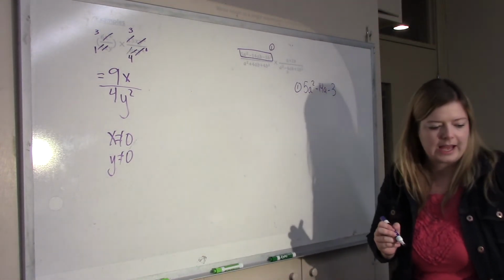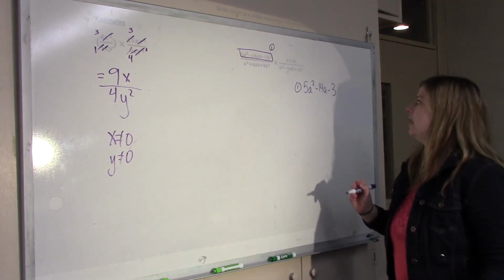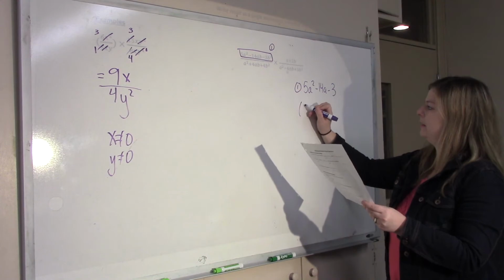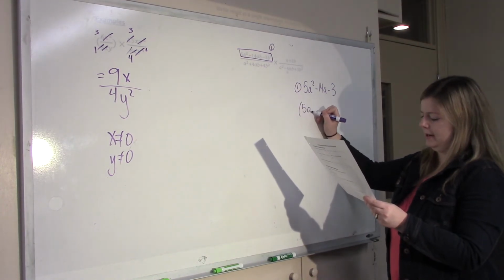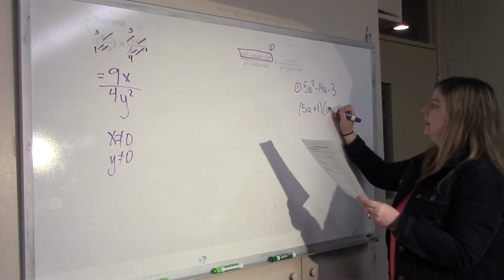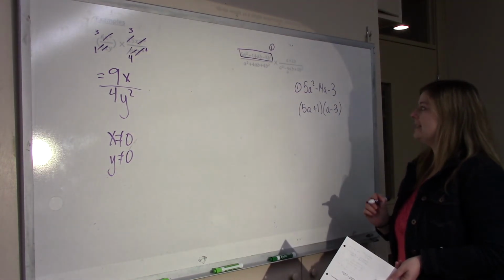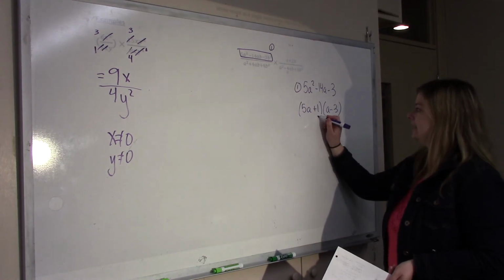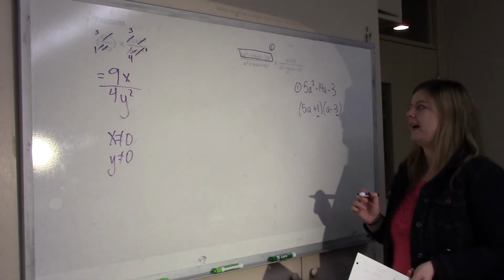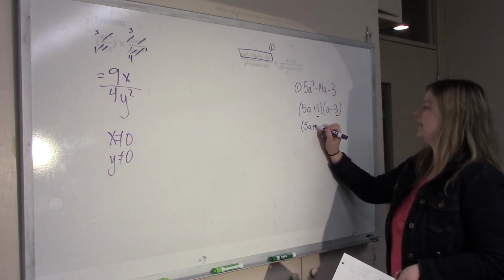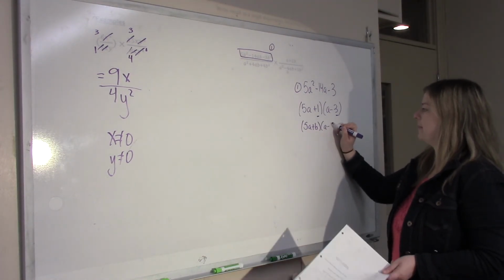So then I factor that, and remember you just use decomposition to do that, and that factors to 5a plus 1, a minus 3, okay? And once you've done that, you can just add the b to the second term of each of the factors. So I add the b back in, and that just becomes 5a plus b times a minus 3b.